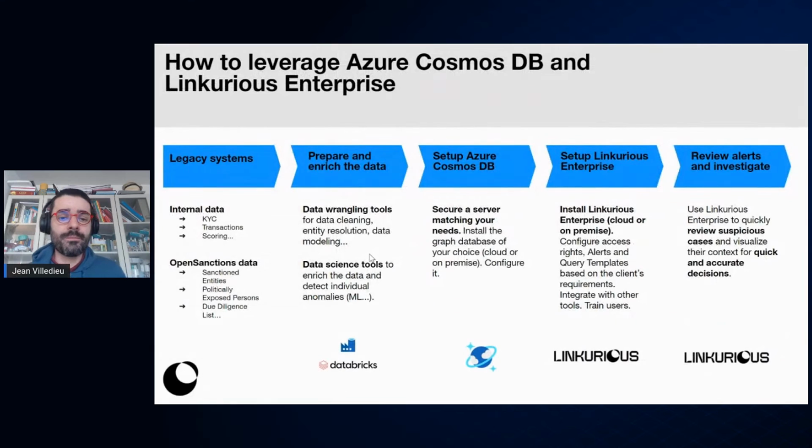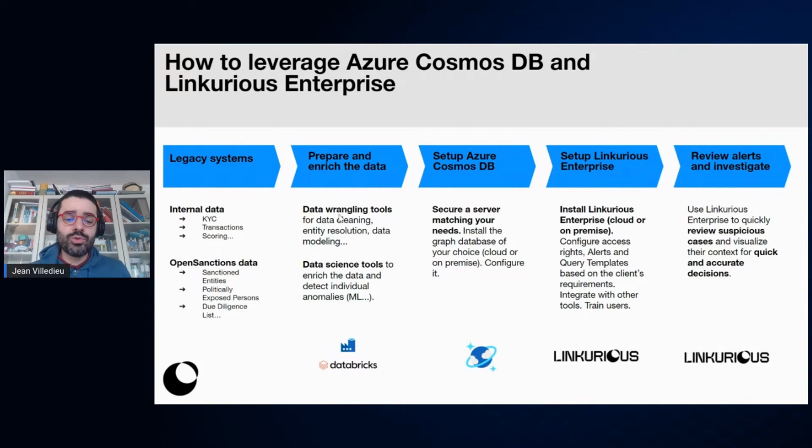And now I'm going to talk a little bit about how to combine Azure Cosmos DB and Linkurious Enterprise. So here is a bit of a schema where it all starts with legacy systems, with internal data, external data. This data needs to be prepared and moved to Azure Cosmos DB.